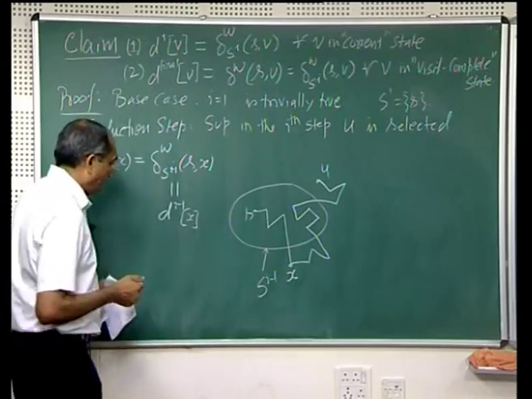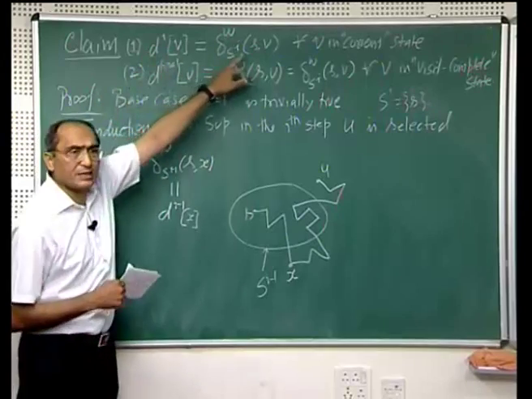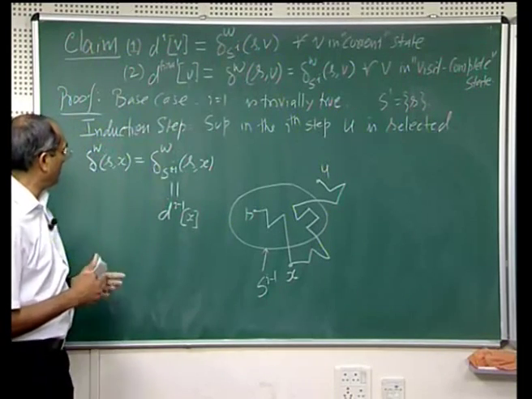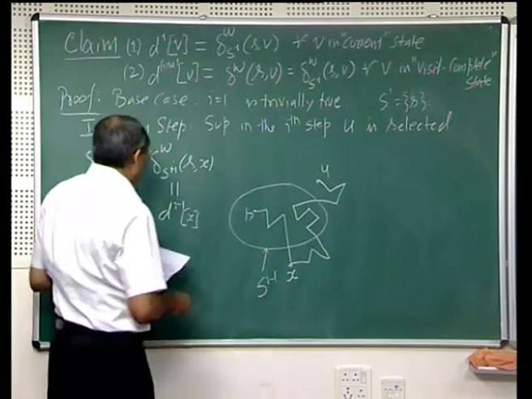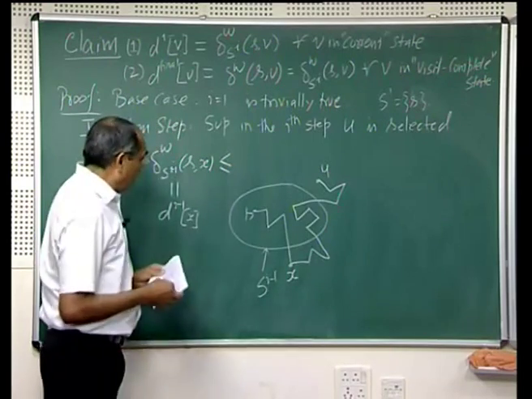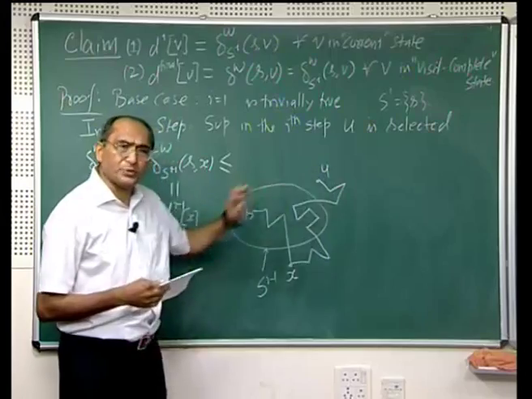Notice that the induction hypothesis applies for i minus 1. So, this is equal to this, all right. Now, let us look at u. Note that the path goes further up to u.